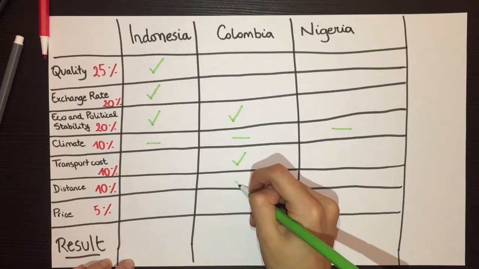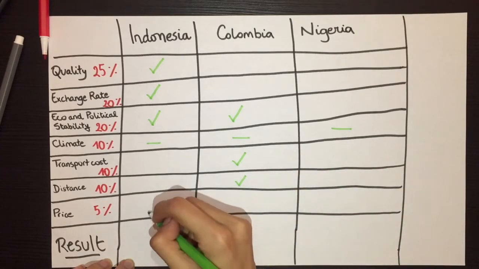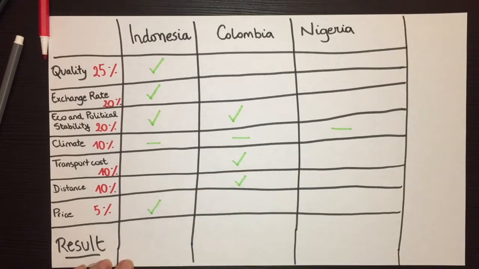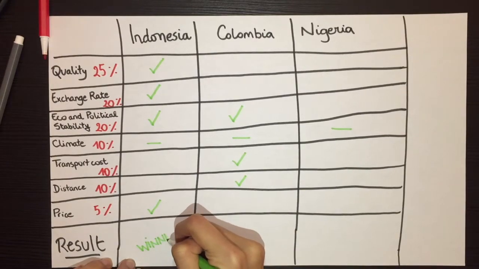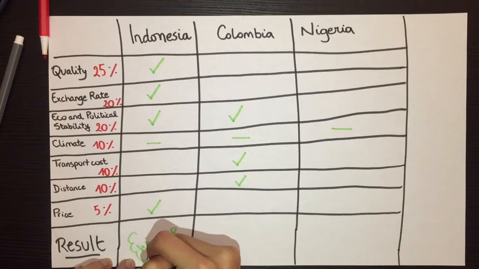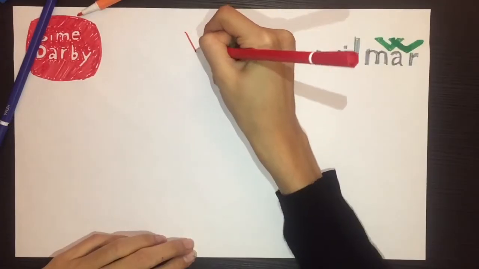Our big winner is Indonesia for being the world's largest producer of palm oil, offering a very high quality of its product, and also for being a very stable country economically and politically speaking.